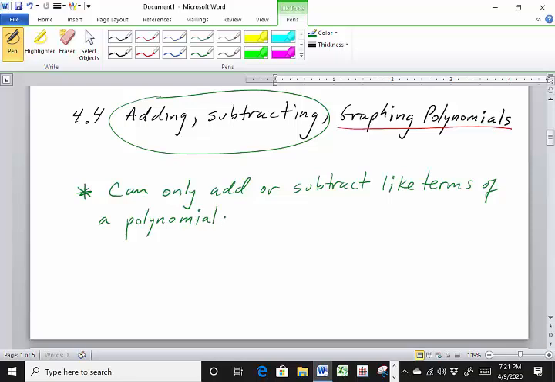Okay? Well, what is a like term? So let me write this down. A like term has the same variable, okay, raised to the same exponent.